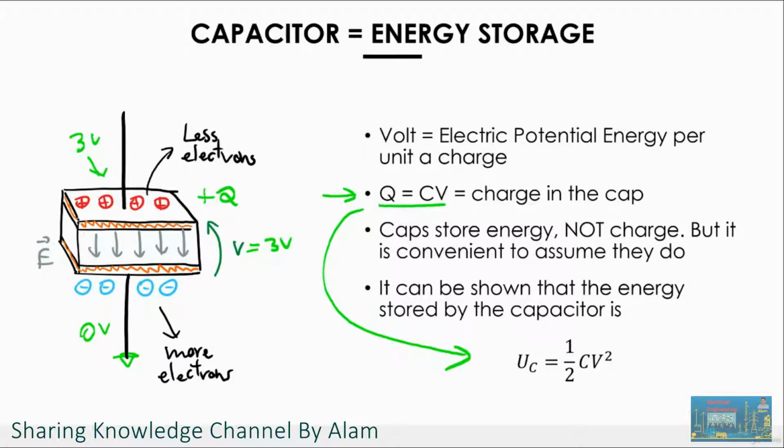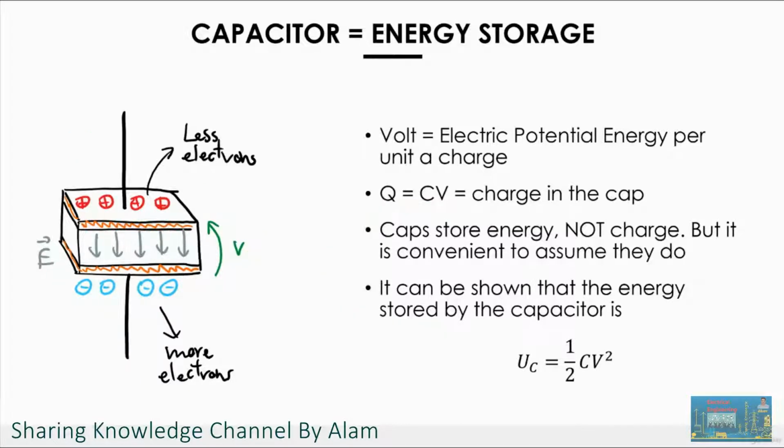The value of the energy is 0.5 multiplied by C and multiplied by the square of V. So the energy stored in the capacitor highly depends on the voltage. The voltage goes with the square, so if you double the voltage, you actually quadruple the amount of energy. And it goes linearly with the capacitance, as we said before. So if you double the value of the capacitance, you double the amount of energy.